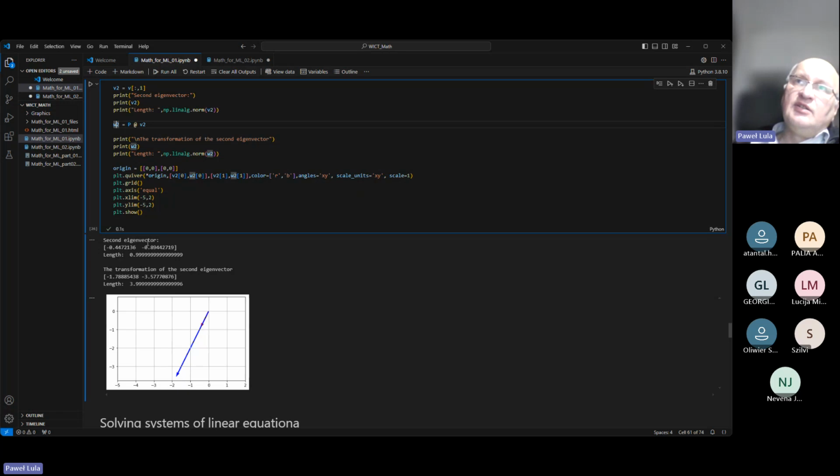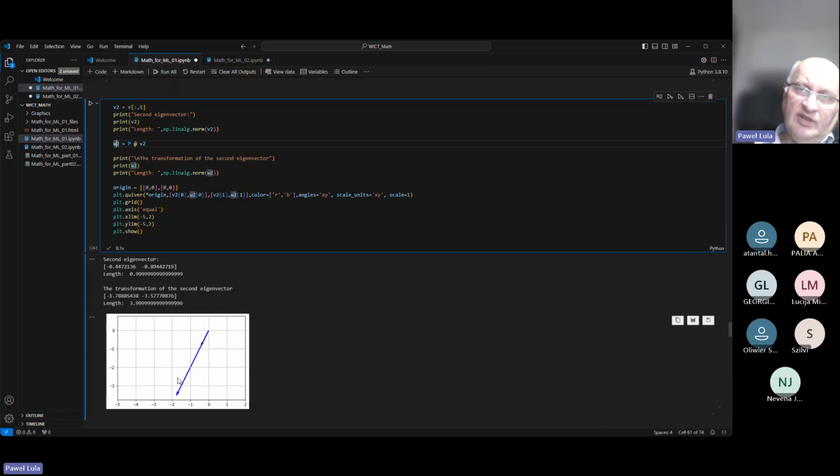It is longer, because the length of the first is equal to 1, and the length of the blue one is equal to 4. So its length is 4 times greater. But we also see the same regularity, that the eigenvector and its transformation lie on the same line.